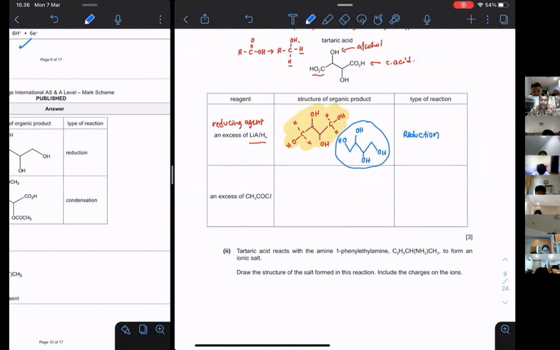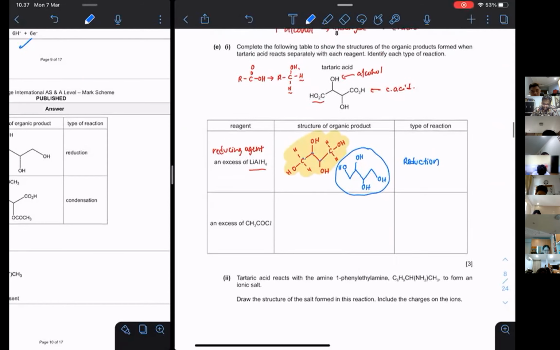But alcohol can also react with acyl chloride to give you esterification at room temperature. Can carboxylic acid react with acyl chloride? The answer is no. So the carboxylic acid is going to stay. The OH is the one that will react with the acyl chloride.